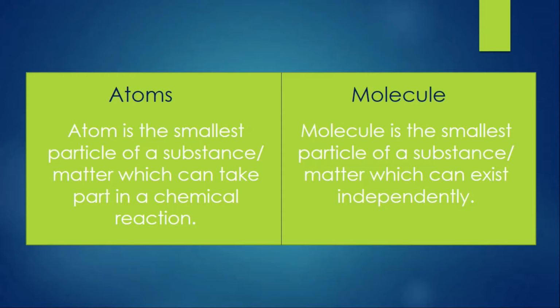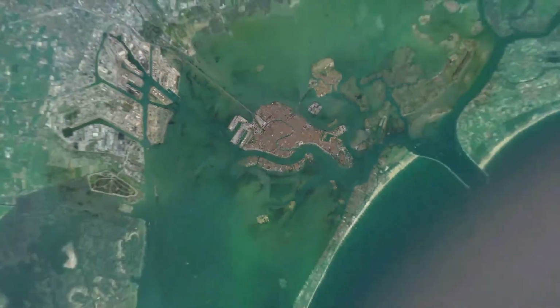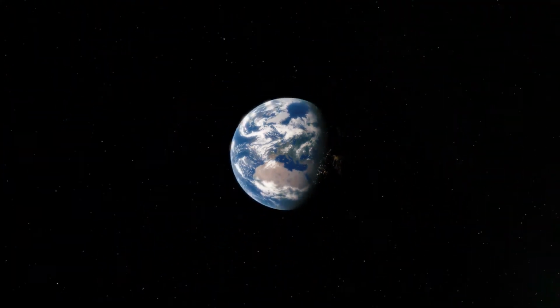So now we know that atoms in general are smaller than a molecule. But these definitions also tell us that atoms can take part in a chemical reaction while molecules can exist independently. So let's try and understand what this actually means. See, basically there is a single word which is the reason for everything.